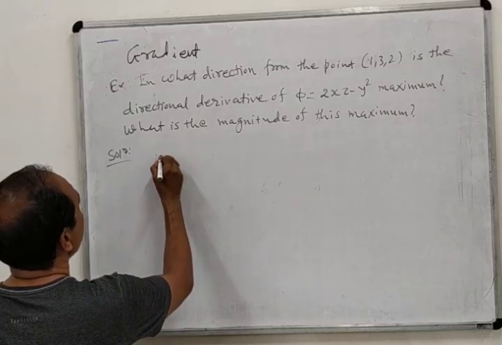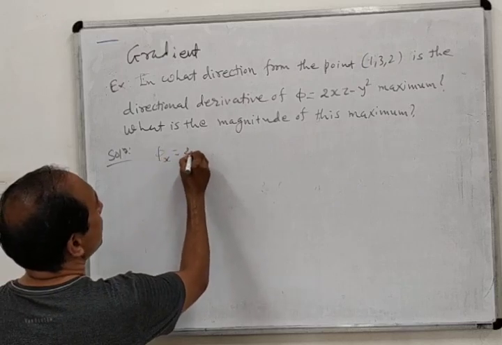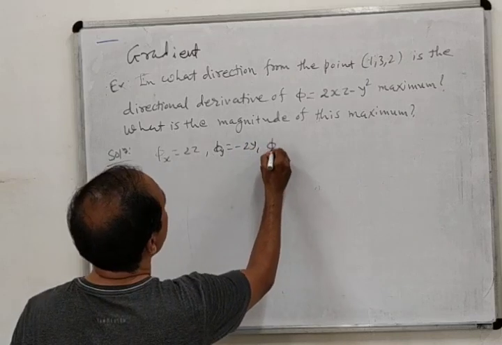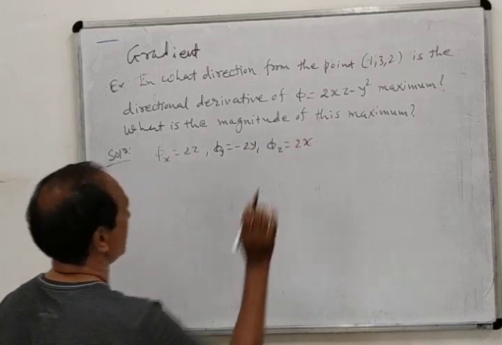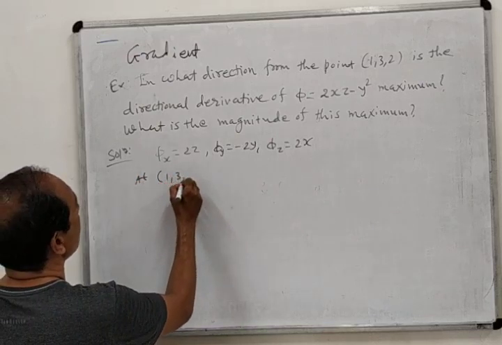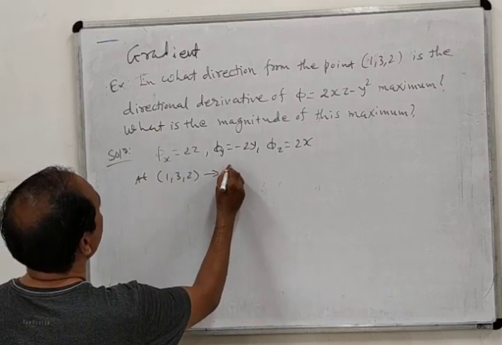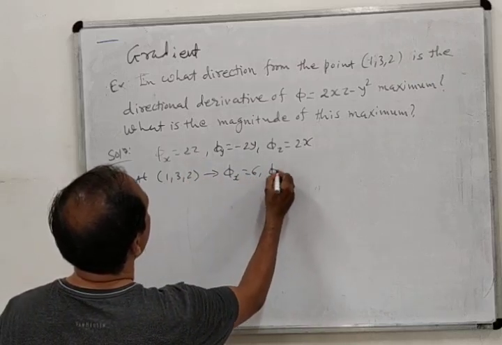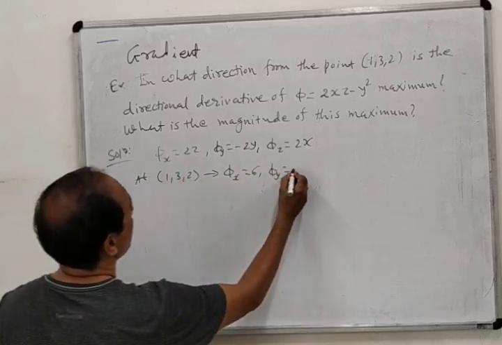So we are given phi equal to this. So we have phi x equal to 2z, phi y equal to minus 2y, and phi z equal to 2x. These are the derivatives. Therefore at the point (1, 3, 2), phi x equal to 2z, z is 2, so it is 6. Phi y, y is 3, so it is minus 6.